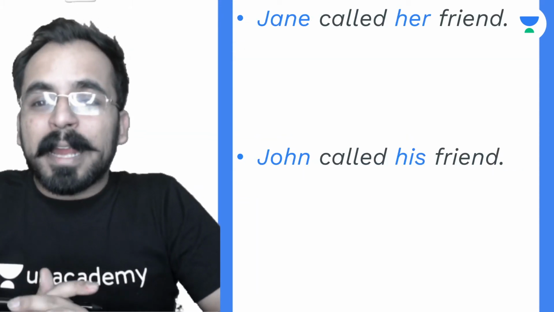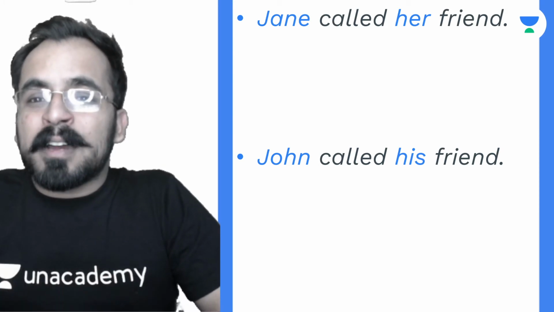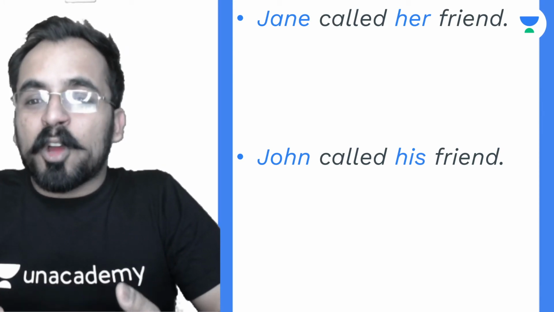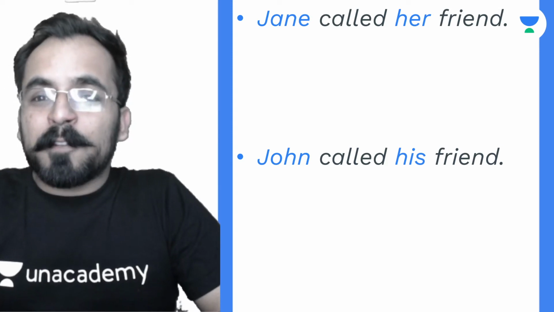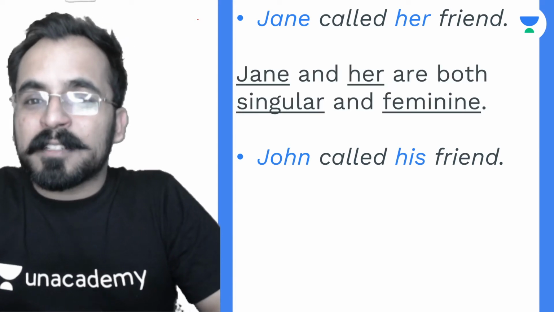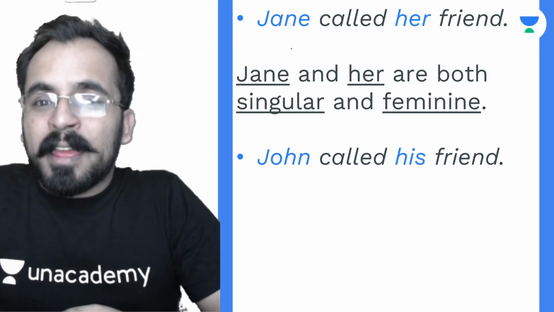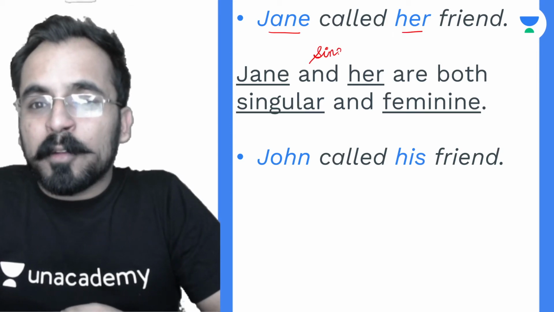Now let's look at these two examples. Jane called her friend. John called his friend. So if you look at the first example, Jane called her friend. Jane and her both are singular and both are feminine.